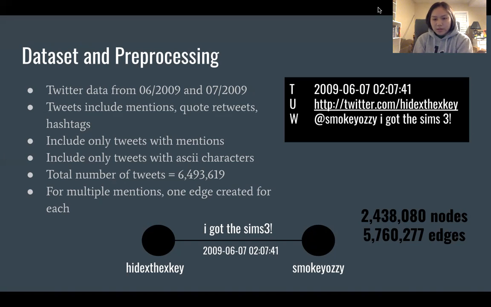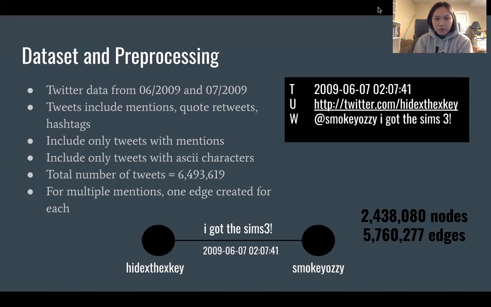It includes the time of the tweet, the user who sent the tweet, and the content of the tweet, and the content includes the receiver. On the bottom is an example of an adjacent pair of nodes in the communication network.